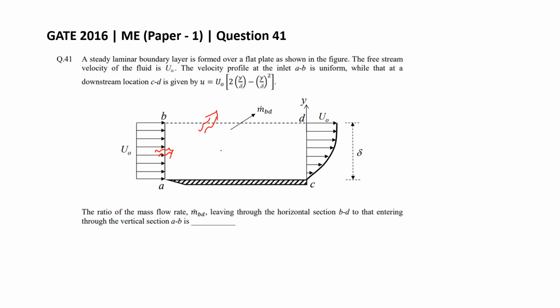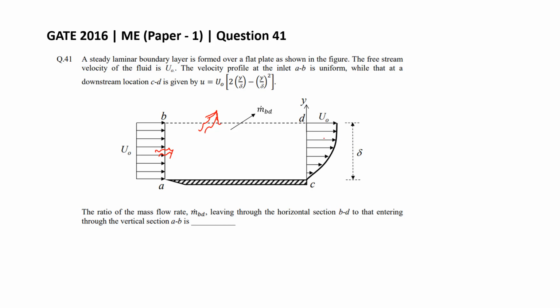So can someone tell me, according to mass conservation, what will be m dot BD, or the mass leaving out of BD? M dot AB minus M dot CD. Yeah, that is perfect. So again, doing the mass conservation, you can say that this is your horizontal inlet, and at CD you will have a horizontal outlet.